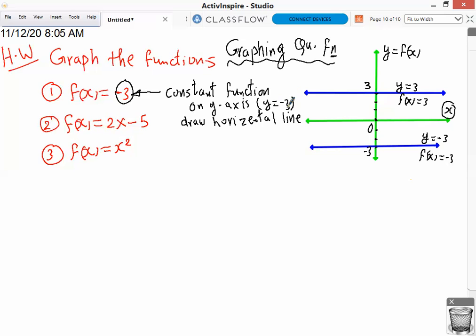On the point y equal -3, draw a horizontal line. If it's +2, draw a horizontal line for the point 2 on the y-axis. Now it's easy.